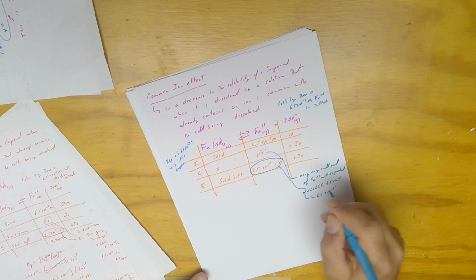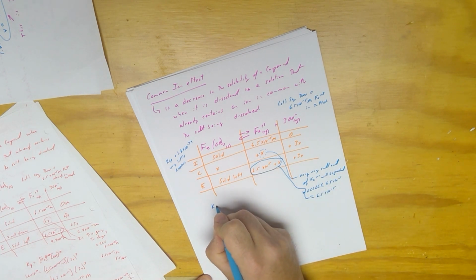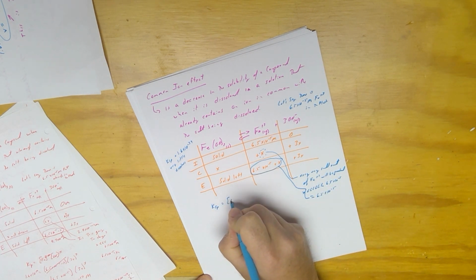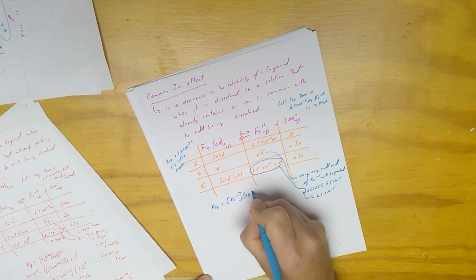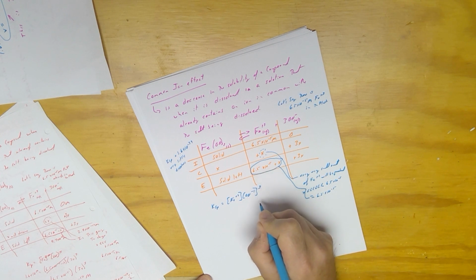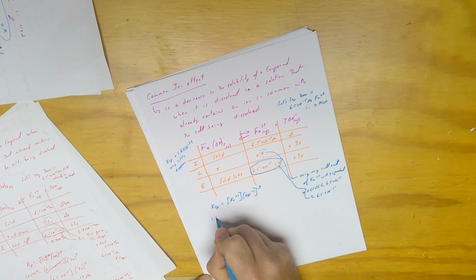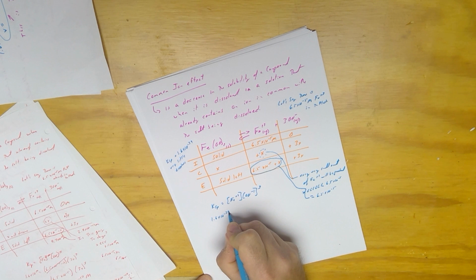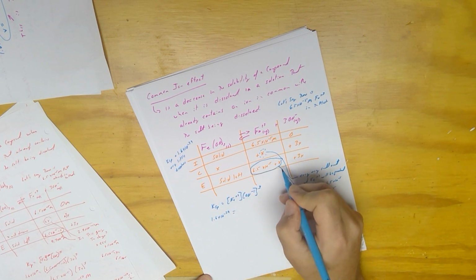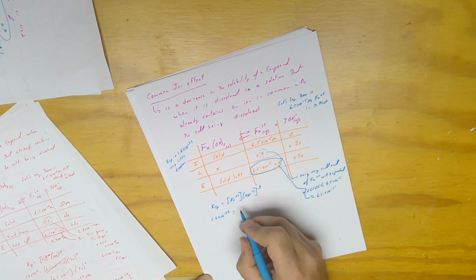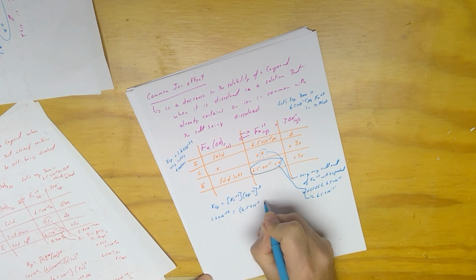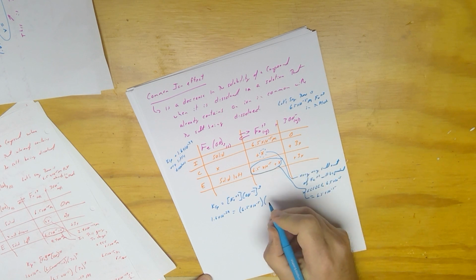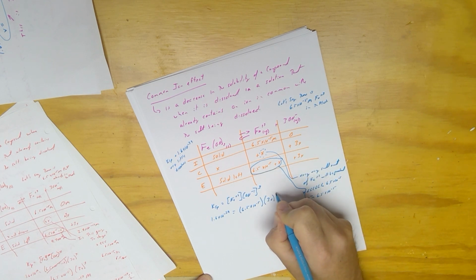Now if we go into KSP equals the concentration of Fe plus 3 times the concentration of OH minus 1 cubed, we have 1.6 times 10 to the minus 39th equal to, and instead of this, we're just going to write 6.5 times 10 to the minus fifth times 3x, and that's cubed.